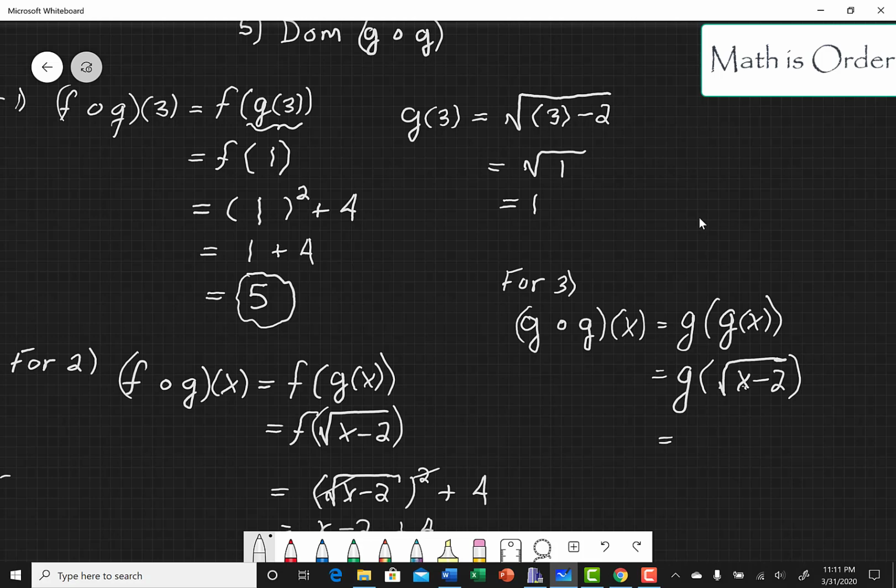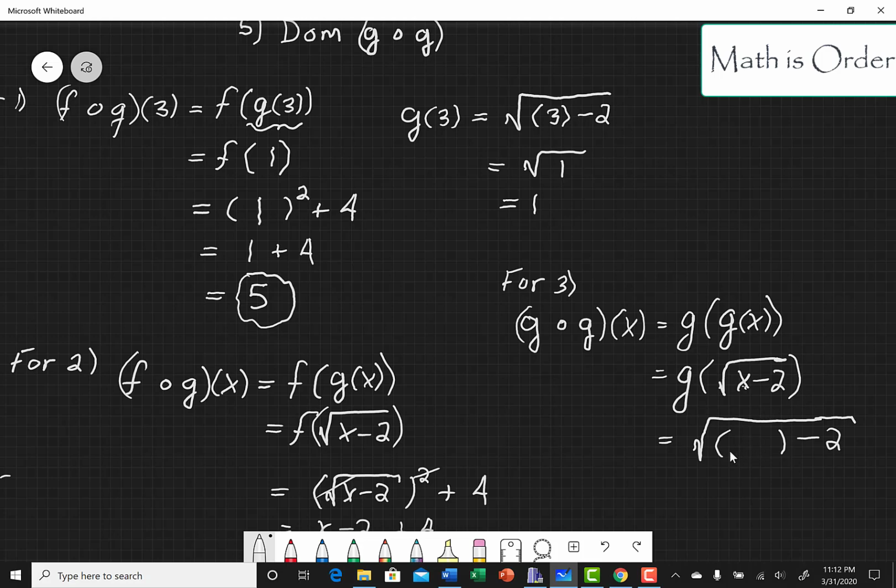And when I substitute this square root of x minus 2 into the function g, it means that I'm putting in the function g is something minus 2, sorry, let me put it like this: something minus 2, all under a radical.